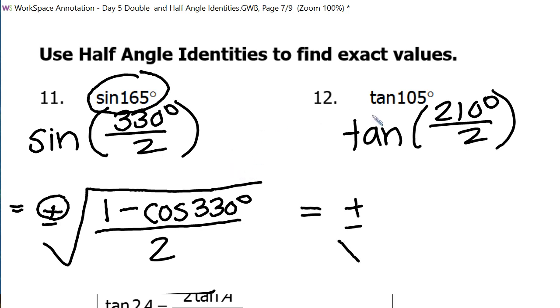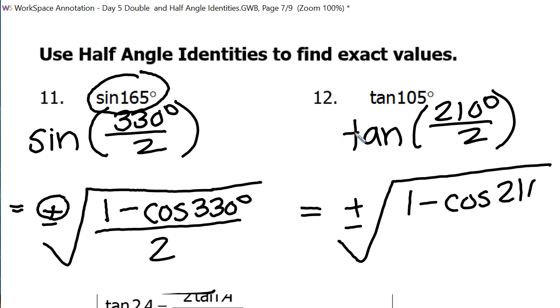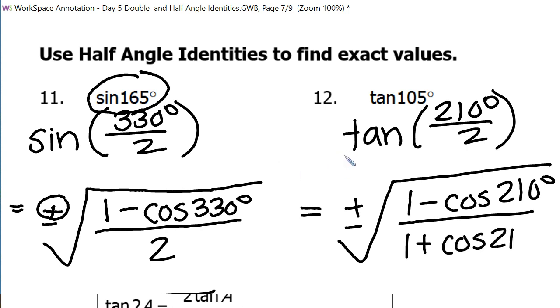That is the only step that has the plus or minus. And the half angle identity for tangent has 1 minus cosine theta over 1 plus cosine theta. So this would be 1 minus cosine of 210 degrees, and the denominator is 1 plus cosine of 210 degrees.